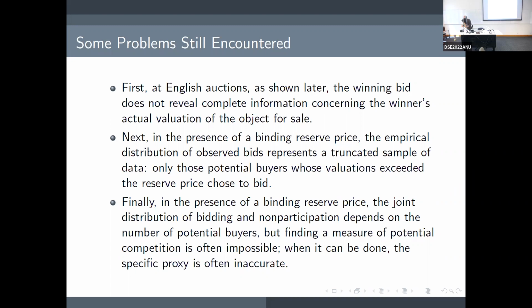It must not be a big shock if I tell you that if you don't get to see a big chunk of the valuation space, because everyone with valuations below that doesn't show up, you're never going to identify the valuation distribution at the lower end when there are reserve prices, right? People have different reactions to that. They say, well, it doesn't matter because we're never going to go there. I don't know, right? How do I know that the existing reserve prices aren't too high?